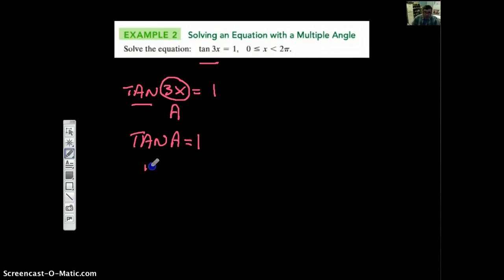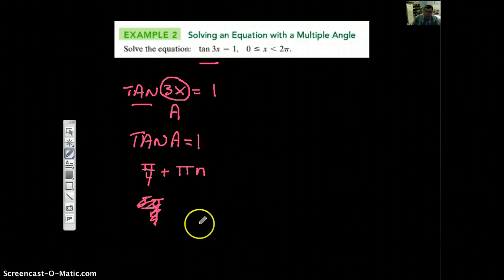Tangent is 1 at 45 degrees, which is pi over 4, and it is also 1 at 5 pi over 4. But now wait a minute, the tangent function has a period of pi. So actually we don't need this value because that's taken into account with the pi period.